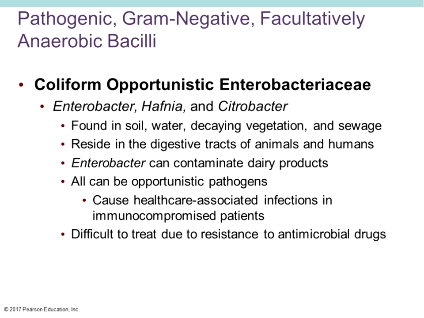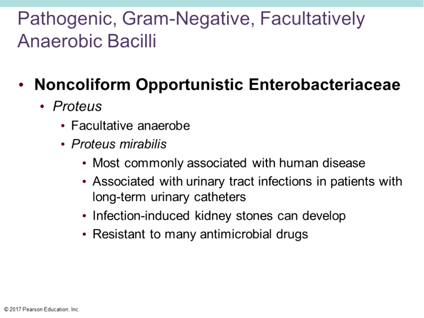Enterobacter can contaminate dairy products. All three of them can be opportunistic infections, and we see them a lot in patients, as with Serratia, that have a compromised immune system, and they can grow in catheters and other places like that. Sometimes they're hard to treat because many of them are resistant to a lot of antimicrobial drugs.